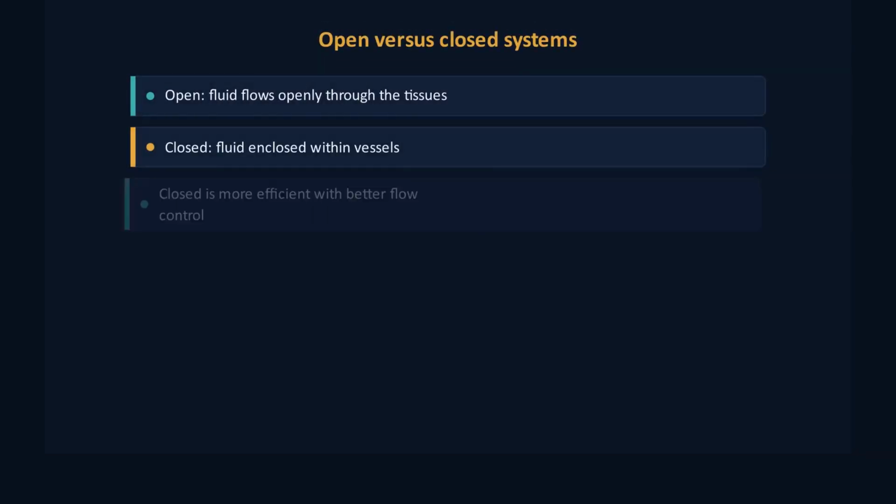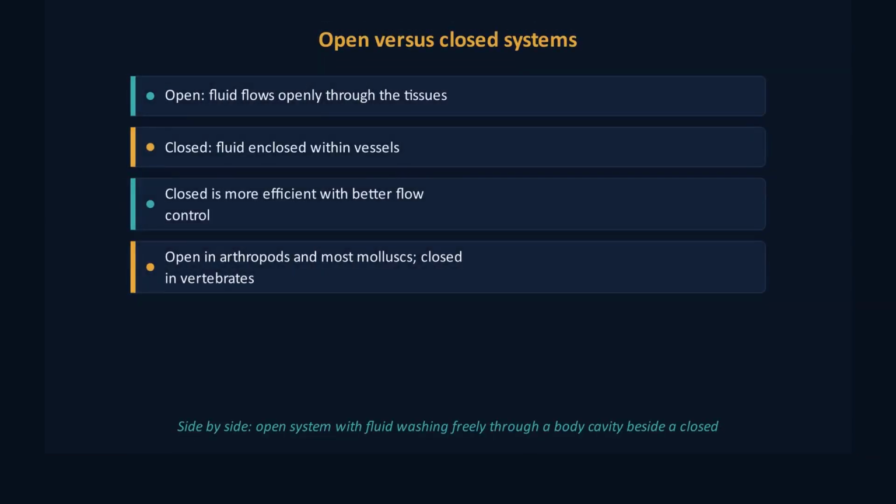Not every animal builds that loop the same way. There are 2 broad designs, and they differ in how the fluid moves through the body. In an open circulatory system, the fluid flows openly through the tissues, washing around the cells directly. In a closed circulatory system, the fluid stays enclosed within a network of vessels and never bathes the tissues freely.